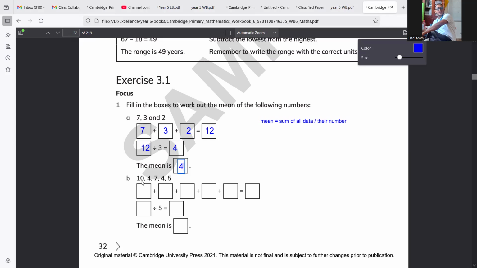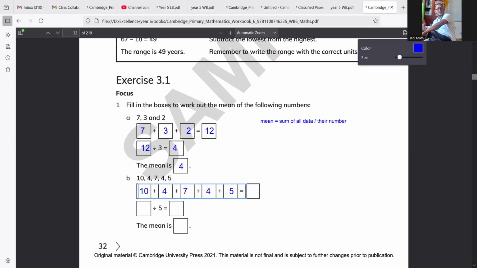Here you have how many numbers? 1, 2, 3, 4, 5. There are 5 numbers. So you add them together and you divide by 5. Add them together, which is 10 plus 4 plus 7 plus another 4 plus 5. 10 plus 4 is 14. 14 plus 7 is 21. 21 plus 4 is 25.